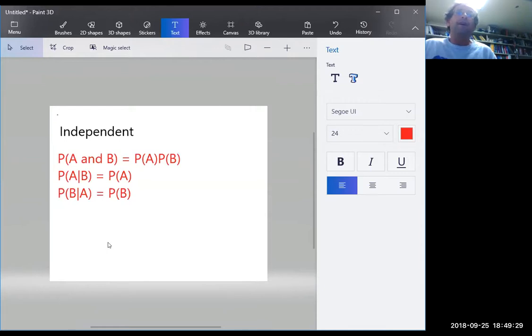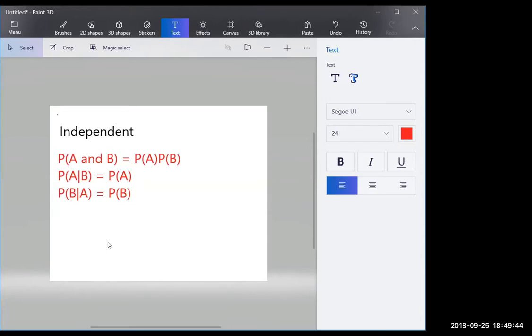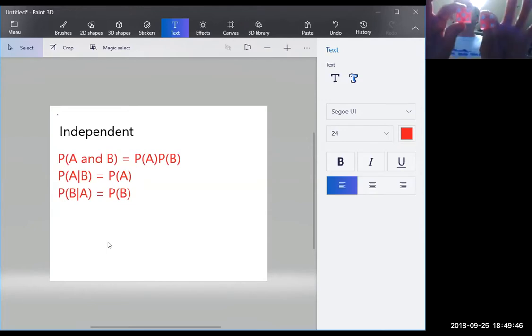Any questions on that? Okay, so let me give you an example. These guys. So hopefully you're all familiar with what you're looking at right now, are you? Okay, so I'm going to roll 2 dice.